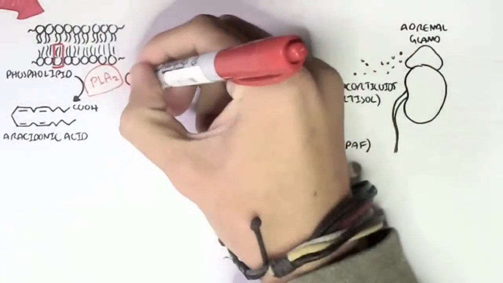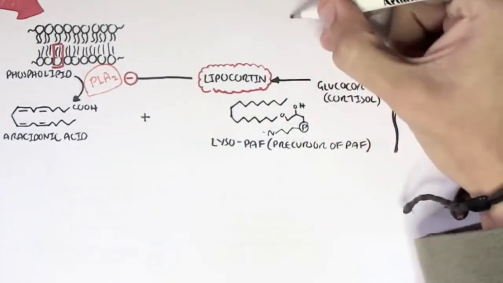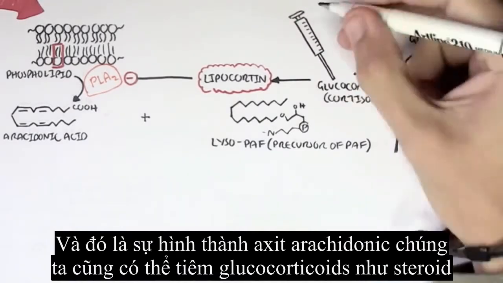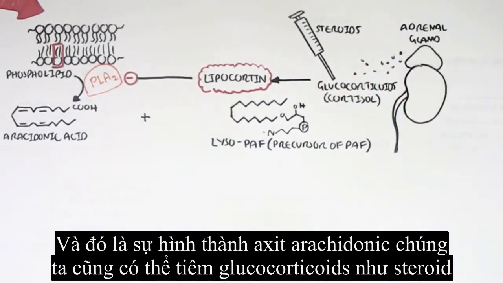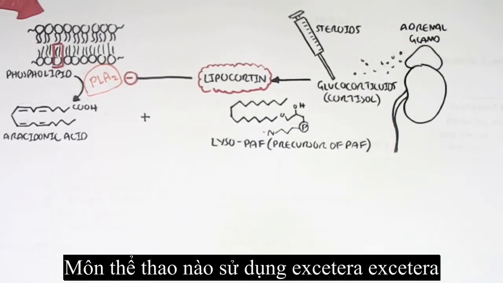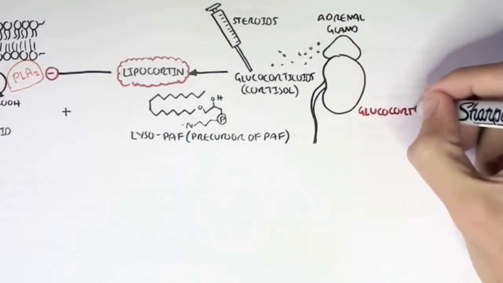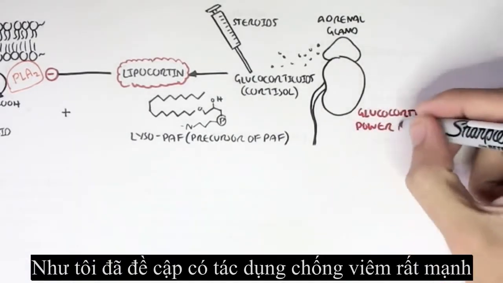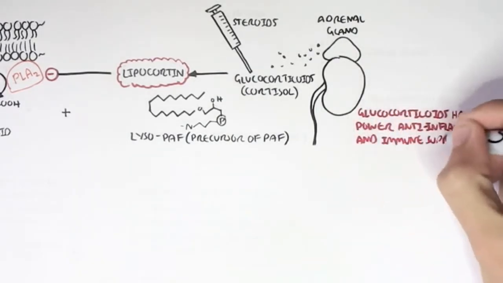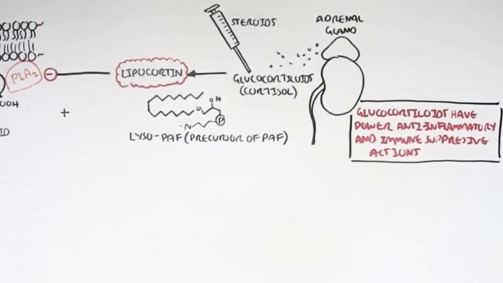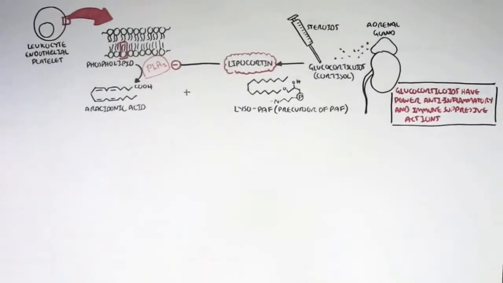Lipocortin can inhibit the enzyme phospholipase A2, and thus the formation of arachidonic acid. We can also inject glucocorticoids, such as steroids for sports users, etc. Now, glucocorticoids, as I mentioned, have powerful anti-inflammatory actions, but they also have powerful immune suppressive actions as well. So we should take this into consideration.